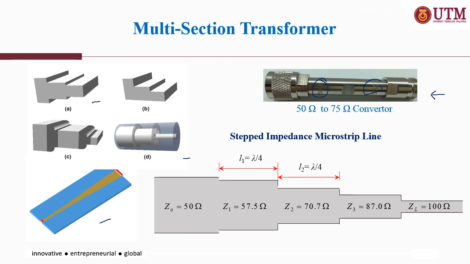So it depends on the targeted output or application that needs this type of conversion or matching. Another one is the step impedance in microstrip lines. If you have multi-band signals, or if you want to achieve broader bandwidth for a transmission system, this kind of matching technique can be implemented.